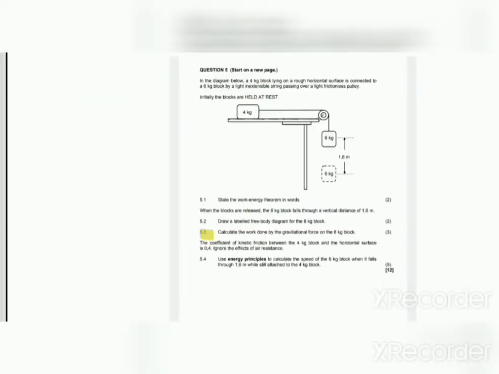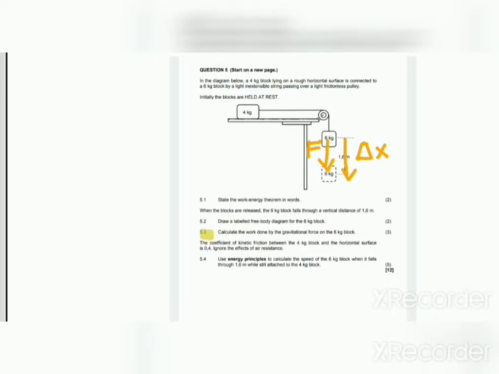The weight force, or gravitational force, is acting downward, and the block is moving 1.6 meters downward, so the force and delta x are in the same direction.